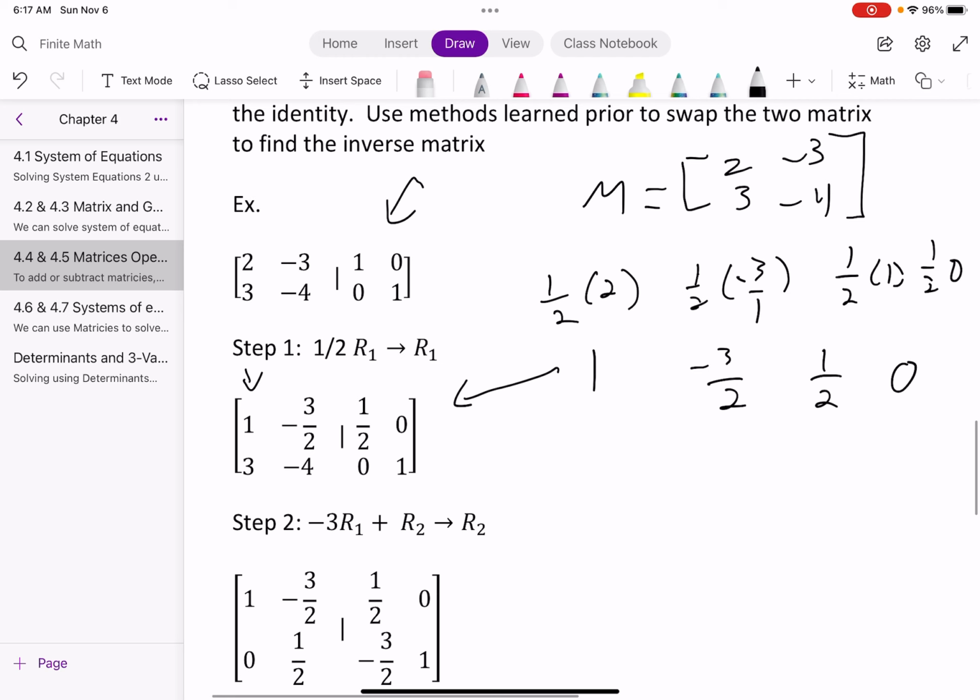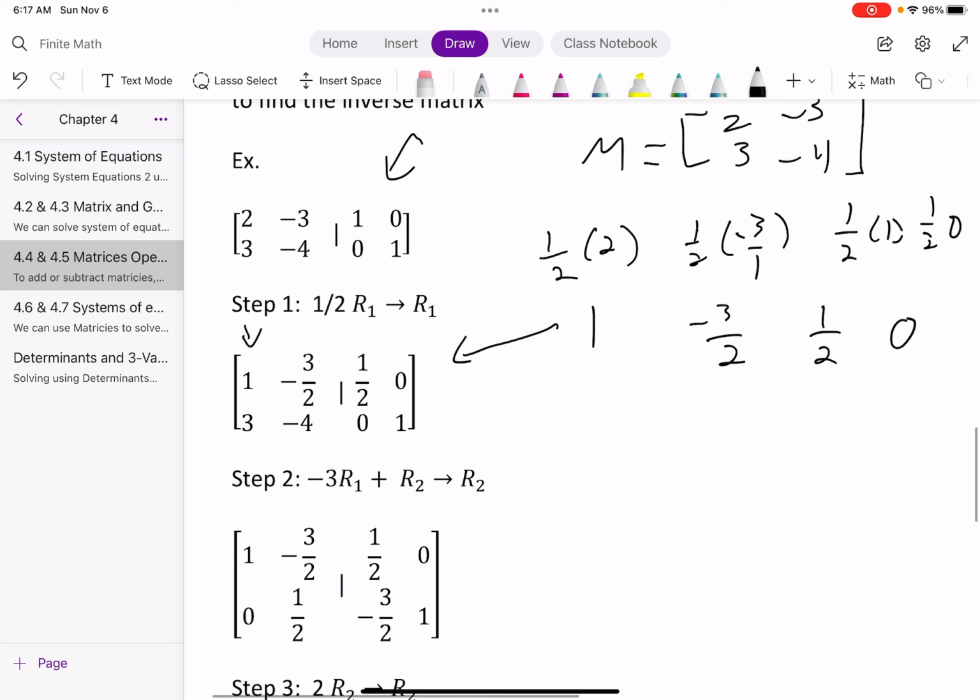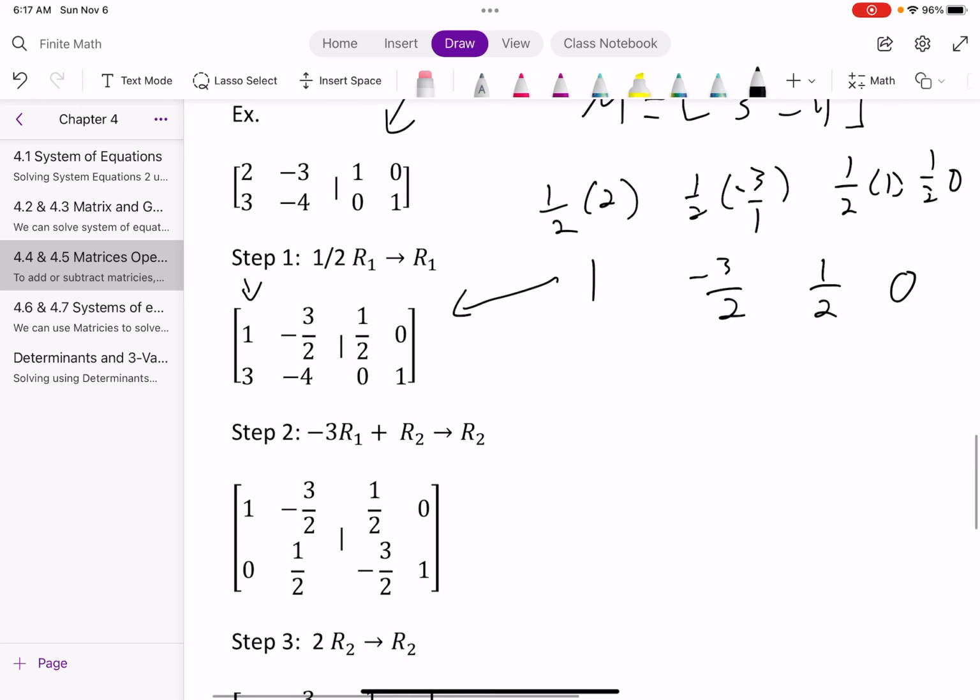And then I go into step 2. I multiply negative 3 times row 1, add it to row 2, because I want my 0. After I finish these next 2 steps, I get my 1, 0. So negative 3 times row 1: negative 3 times 1, negative 3 times negative 3 halves, negative 3 times 1/2, and negative 3 times 0.